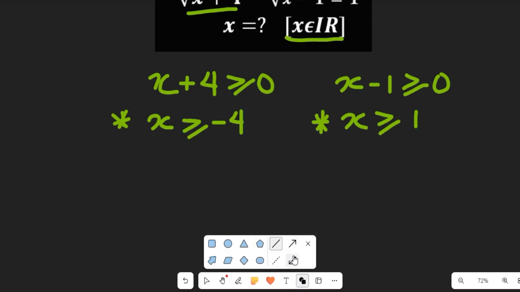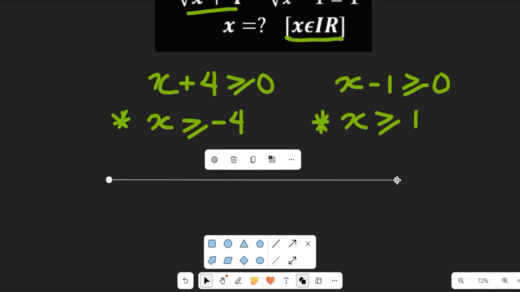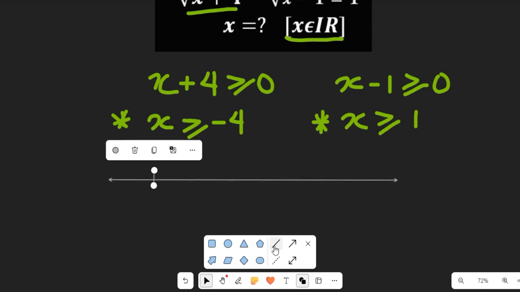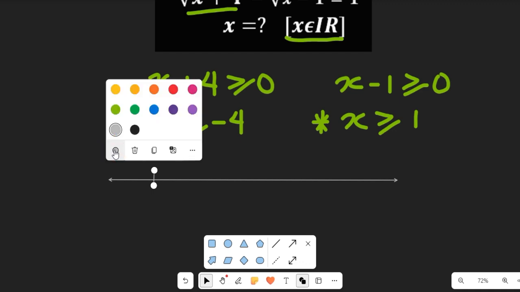Now, if we represent that on a number line, let's say this is the number line. We want to represent these two conditions on it, assuming we have negative 4 at this point, and we have the center line, which is 0 at this point.